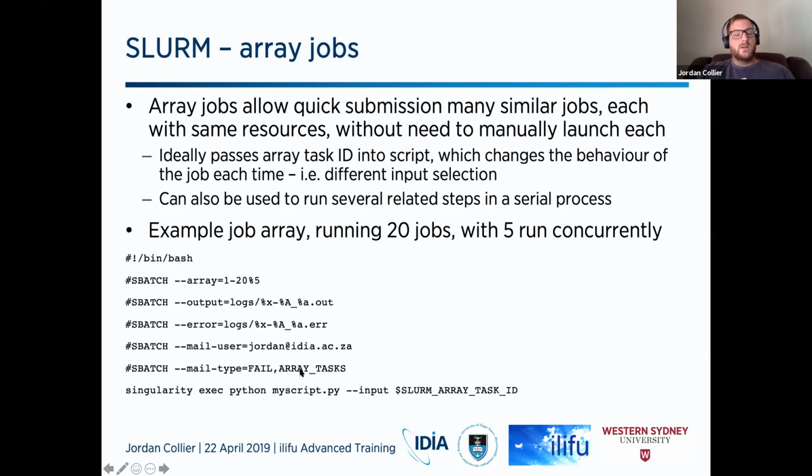So rather than just the whole job, the whole set of 20, and whether that fails, it will actually notify me individually for each one. And then you can see I'm passing the task array ID in as input. So this means that it's changing the behavior that's being performed for each job in the job array.